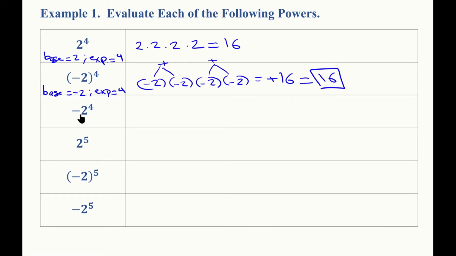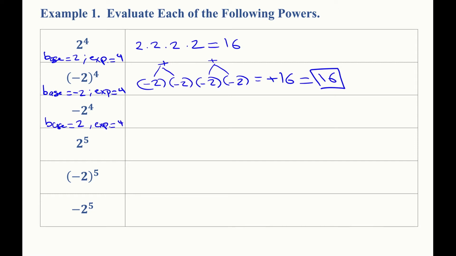Now in this next one, the base is not going to be -2. This is an error some students make. Here, the only number being raised to the power of 4 is the 2. The negative is just going to carry like a factor. So here, remember the base here is going to be 2 again, and the exponent is 4.